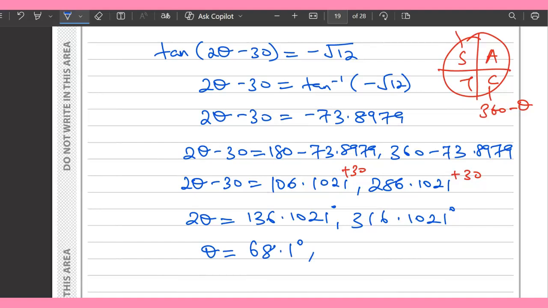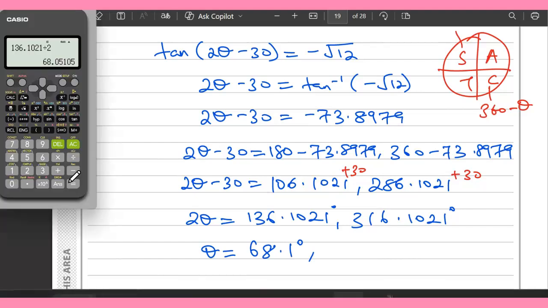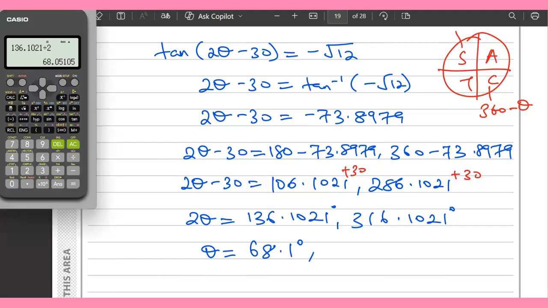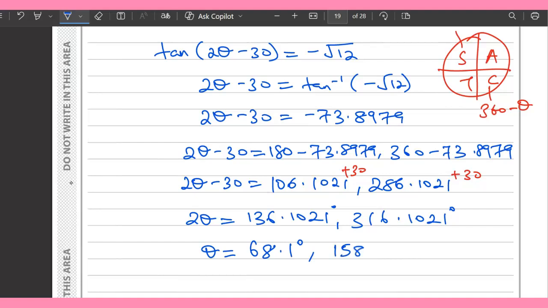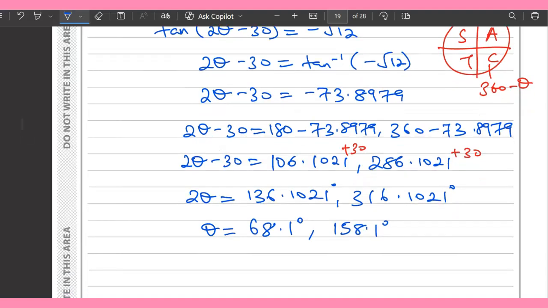And also we can have 316 as the second value: 316.1021 divided by 2 gives you 158.05105 as displayed in our calculator, and therefore to one decimal place we'll have 158.1 degrees.